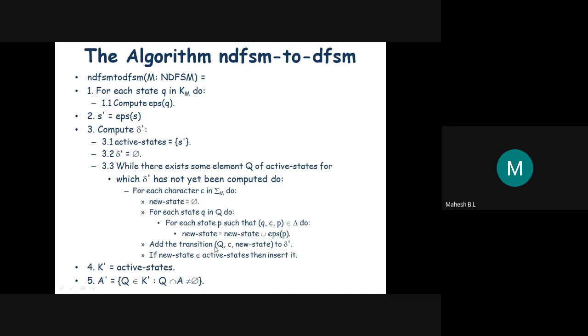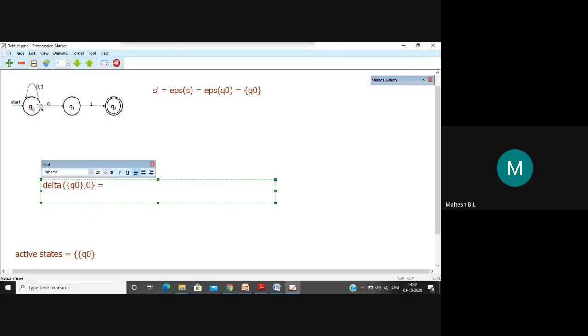New state is empty. So there are two states, Q naught and Q1. So you need to compute epsilon of Q naught as well as epsilon of Q1. Then you need to perform the union operation. So epsilon of Q naught is Q naught itself, epsilon of Q1 is Q1 itself. So union is Q naught comma Q1.